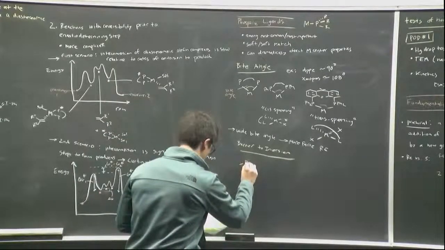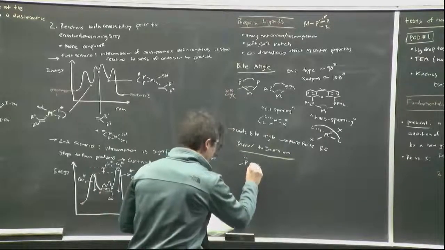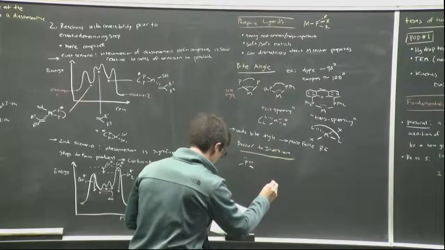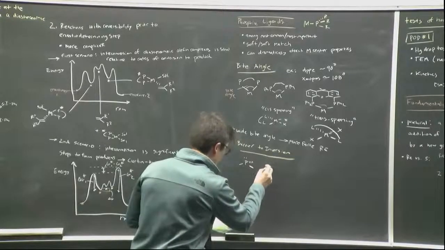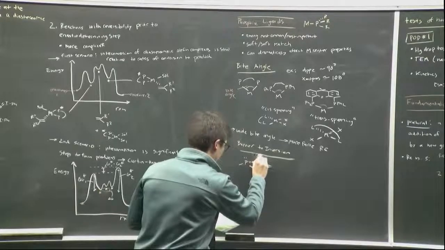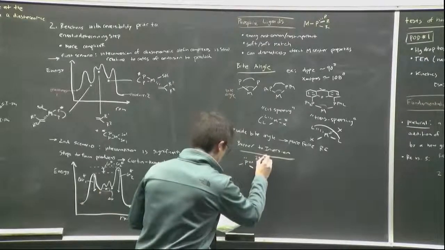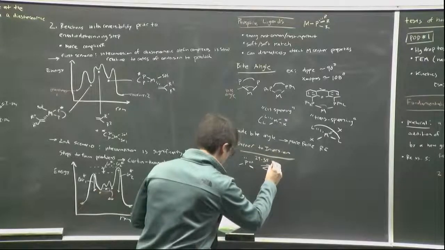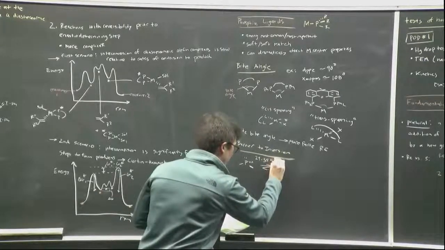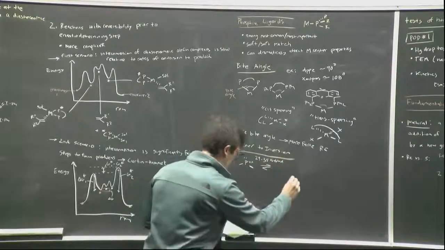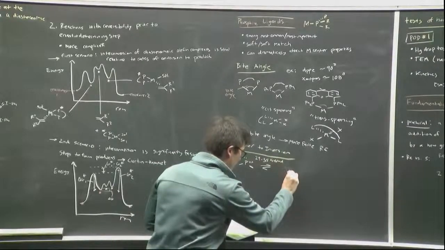Phosphines can be chiral at phosphorus. So this is different than the case with nitrogen, where typically they have very low inversion barriers. The typical inversion barriers you're dealing with for phosphorus are on the order of about 30 kcal per mole.